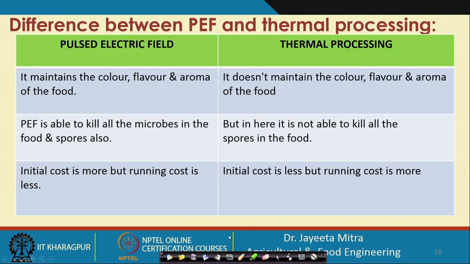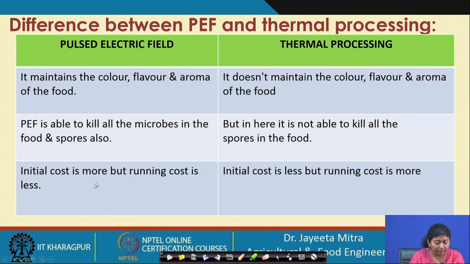Now, the difference between pulse electric field and thermal processing. First, the color, flavor and aroma will all be intact compared to the thermal effect. PEF is able to kill all the microbes in the food and spores also, which makes it very effective, because the destruction of spores is very tough in the thermal process, so they mostly remain in the food, but in pulse electric field they can also be destroyed.